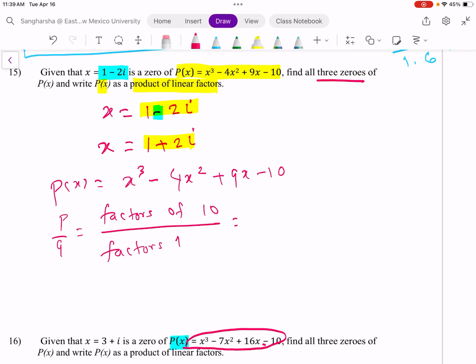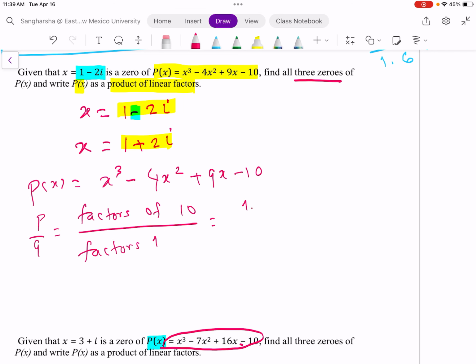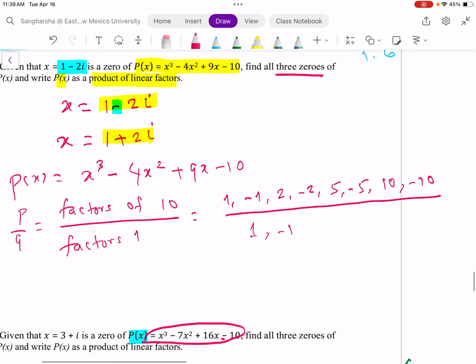So what are the factors of 10? 1, negative 1, 2, positive 2, 5, negative 5, 10, negative 10. Divided by factors of 1, which are positive 1, negative 1. And if you divide all these numbers by positive 1 and negative 1, we end up getting the numerators, right?